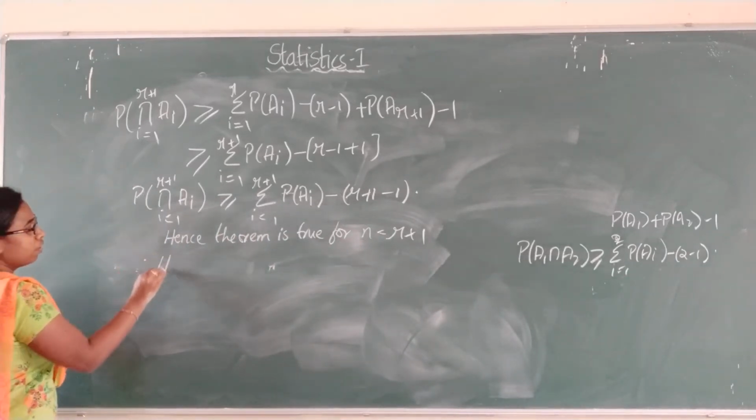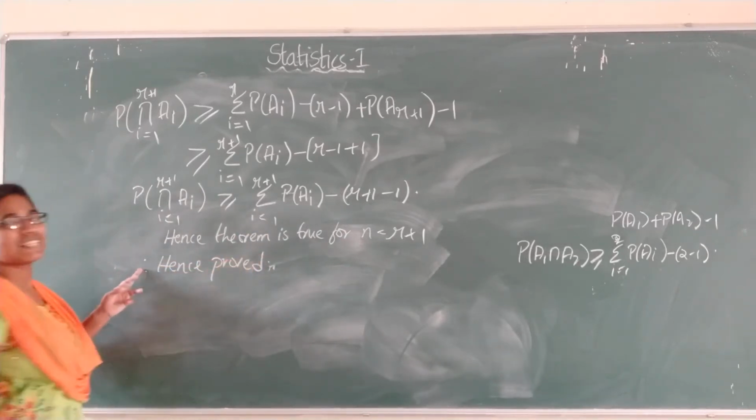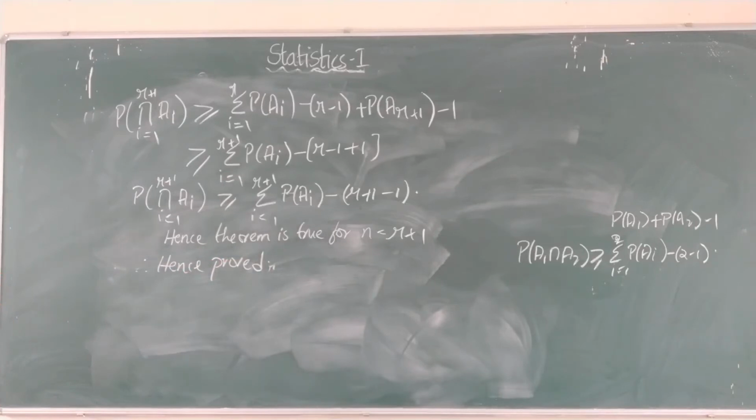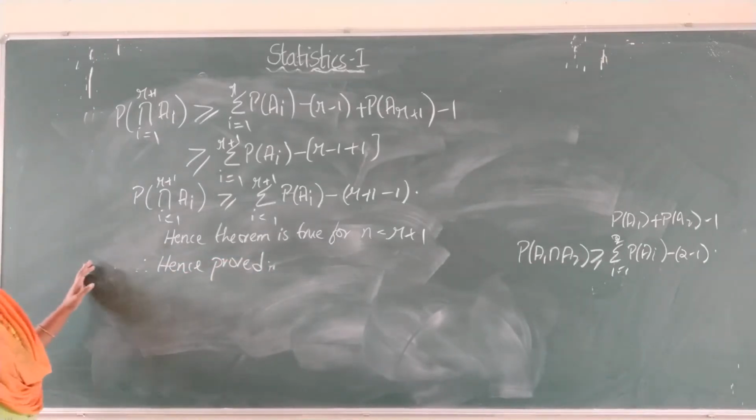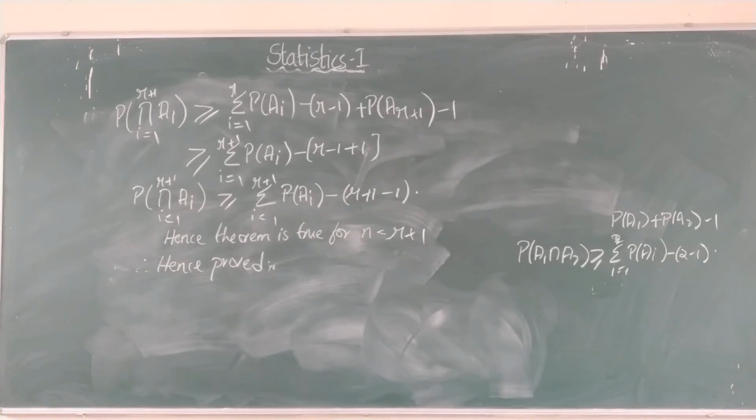Therefore, hence proved. That means write down the last sentence: hence, by the mathematical induction, the theorem is true for all n values. So it is a very easy theorem and an important theorem also. This is only up to the statement 1, which is related to the intersection. Now we will see the second statement in Boole's inequality, which is related to the union.